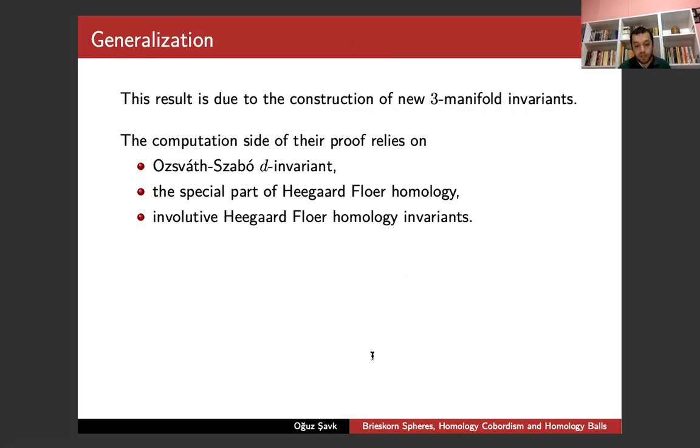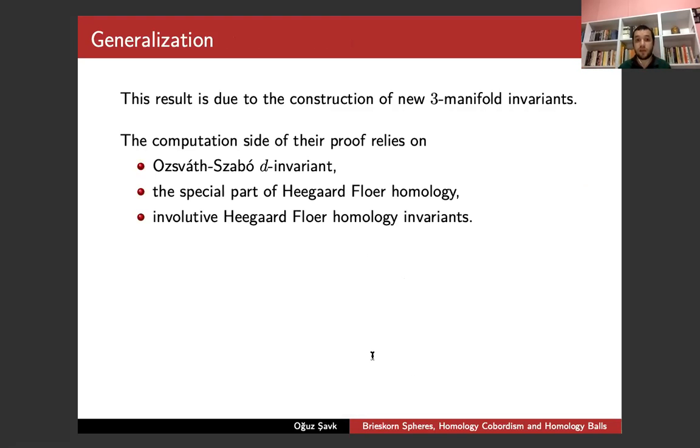Of course, their result is due to the construction of new three-manifold invariants, as I said, but there is also a computation side. You need to compute some previous and new invariants. First of all, you need to compute the Ozsváth-Szabó d invariant and show that this type of invariant is arbitrarily large for your spheres.